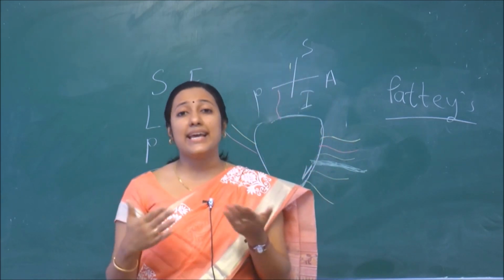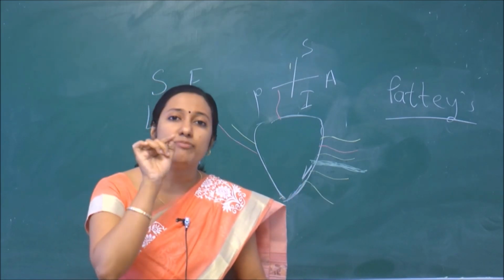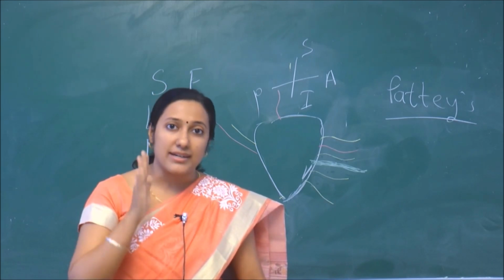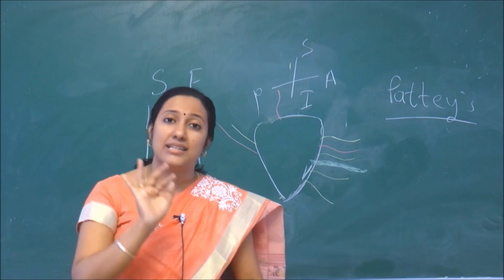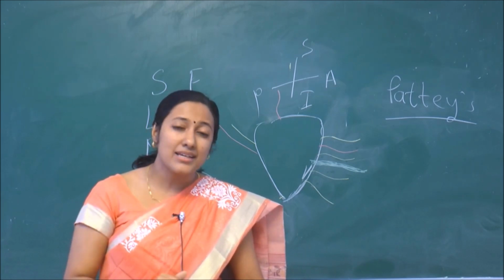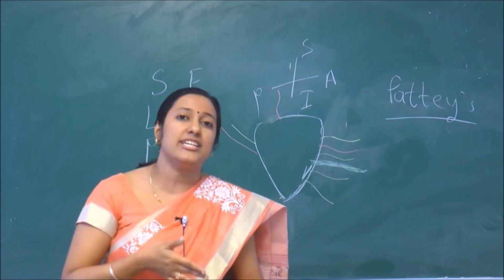The parotid duct can again be asked as a 3-mark question, and most probably the surface marking of the parotid duct is also important. So, please remember, the parotid duct is the duct of the parotid gland, and its other name is Stenson's duct. It is around 5 centimeters in length. It is formed inside the gland, then emerges through the anterior border.